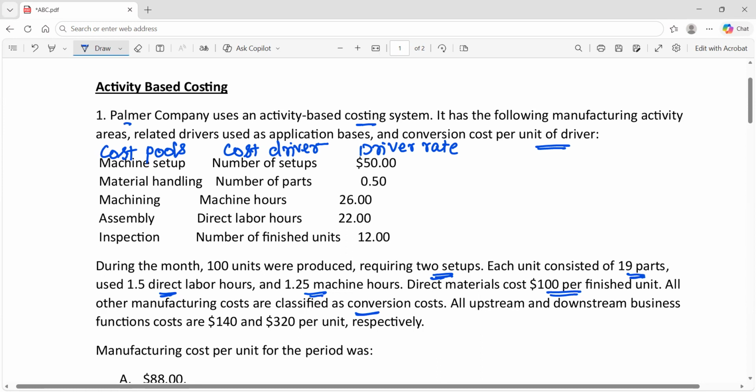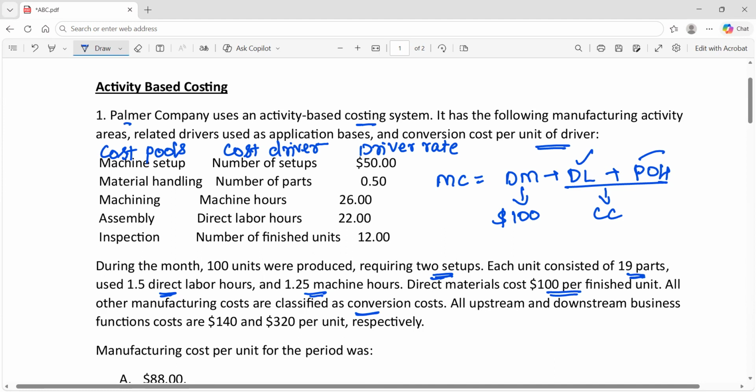Generally, manufacturing cost is nothing but your direct material cost plus direct labor plus production overheads. So direct material cost is given in the question, $100. So this direct labor cost and overheads are usually known as the conversion cost. So apart from material, all the other production costs are conversion costs, your labor cost and overheads.